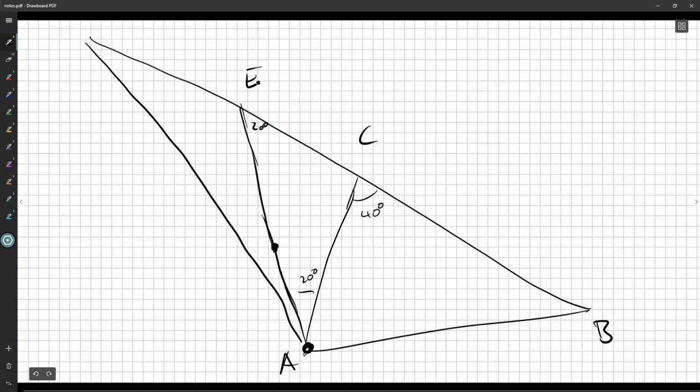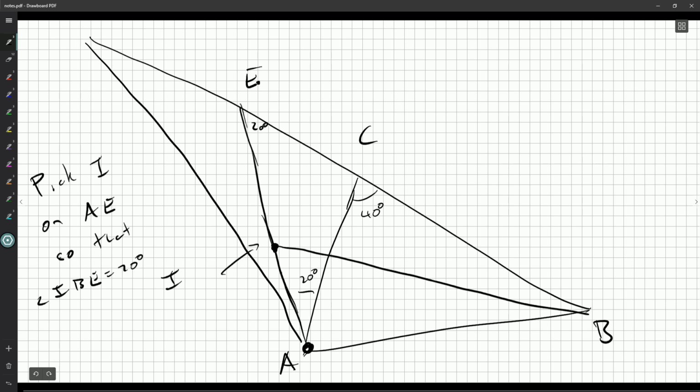We had H, let's say I, so this is point I. So pick I on AE so that IBE is 20 degrees. That gets me another isosceles triangle. So this becomes 20, this becomes 40.